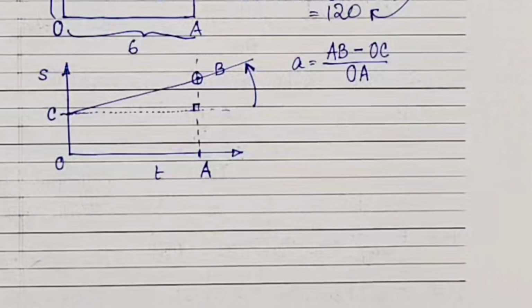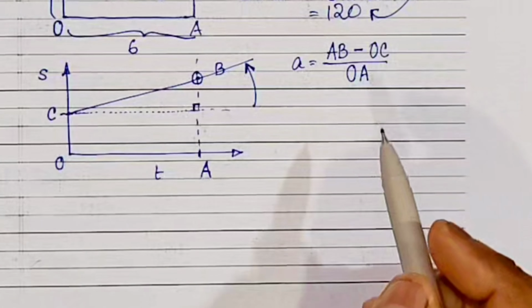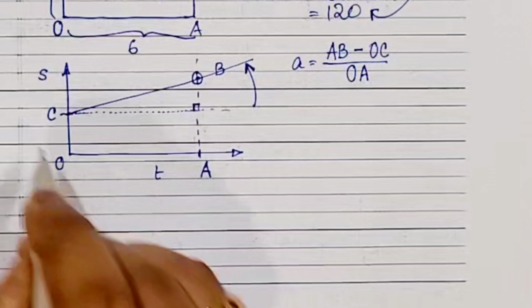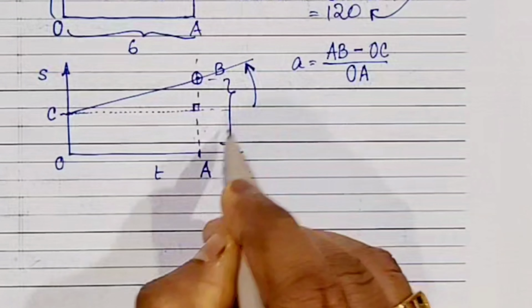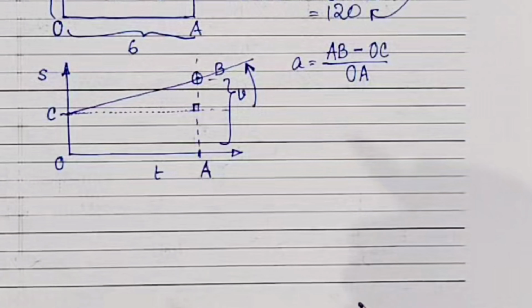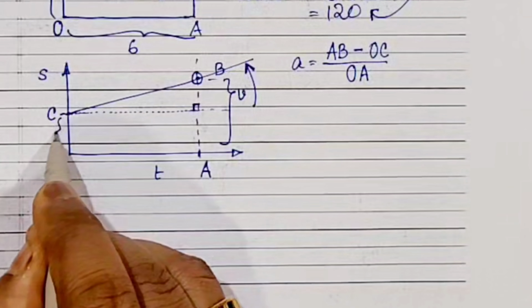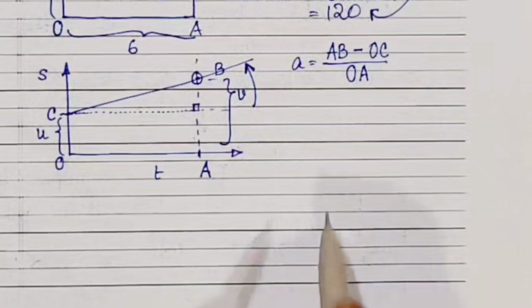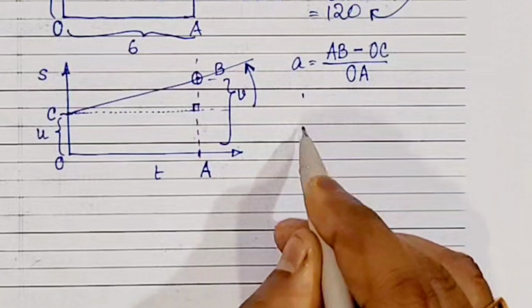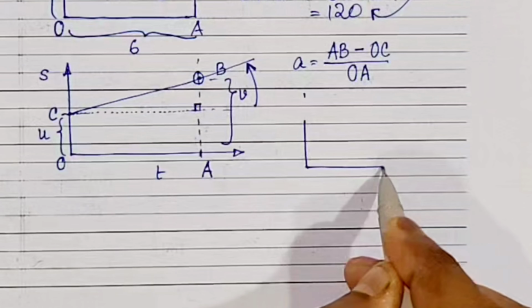Now, let's say this is T. We denote AB as V. We denote OC as U. Then what we find is a quadrilateral that looks like this.